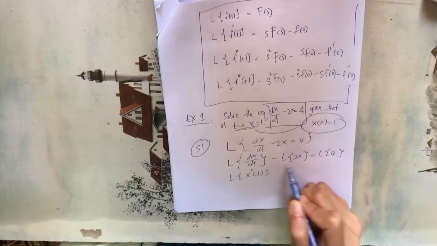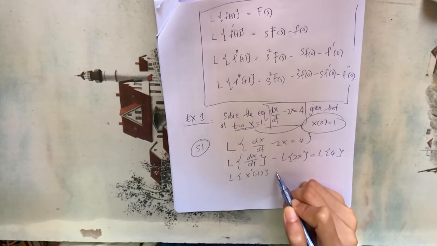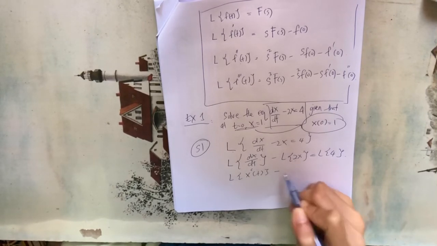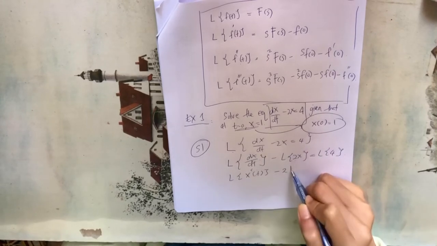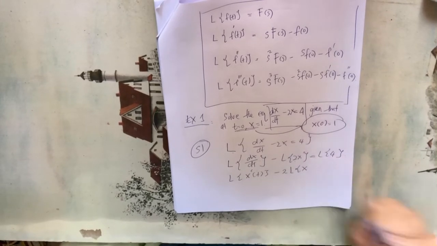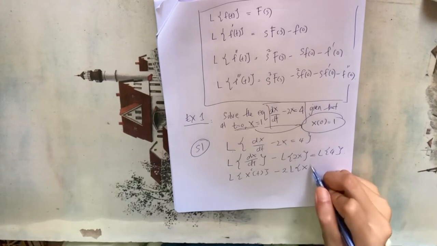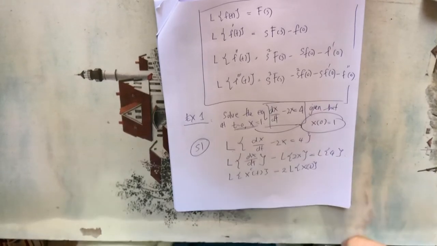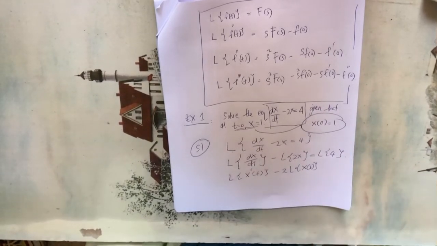For this part, there is a 2 here, so by applying the linearity properties, you take out the 2. Inside you have x, and this x is x(t), because we are using the variable t here.